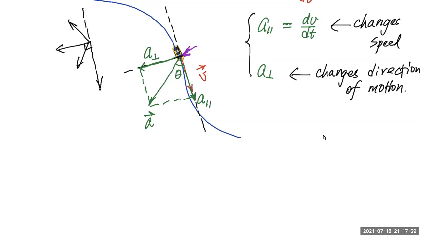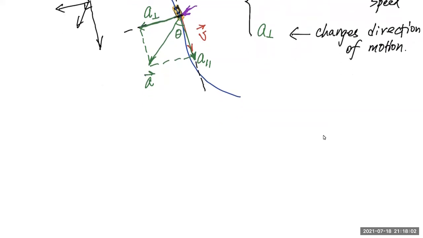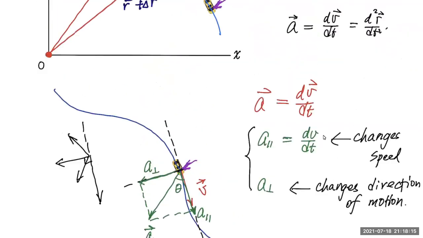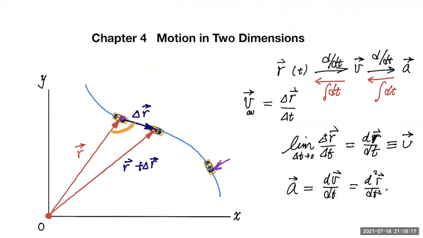Now, before we settle down to study the special case of uniformly accelerated motion in 2 dimensions, we have to look at some general pictures first. As we saw in the beginning, you can go from r to v to a by differentiation, and we wrote the formulas here.